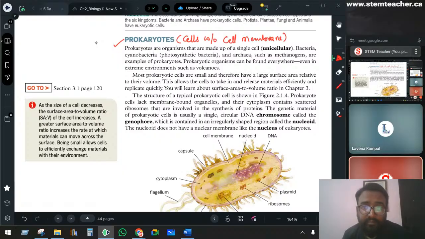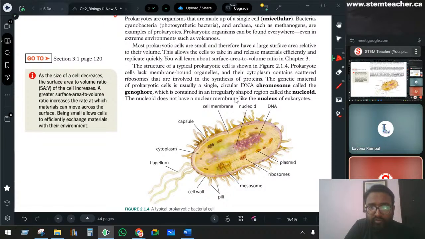Okay. Here there is no cell membrane, but all the rest will come. Chromosomes will come, and the genophore, which is contained in an irregularly shaped region called the nucleoid. The nucleoid does not have a nuclear membrane. Even the nucleus also does not have a nuclear membrane.